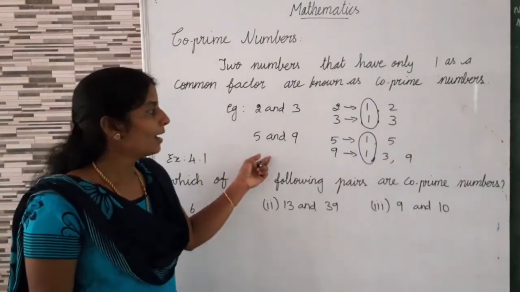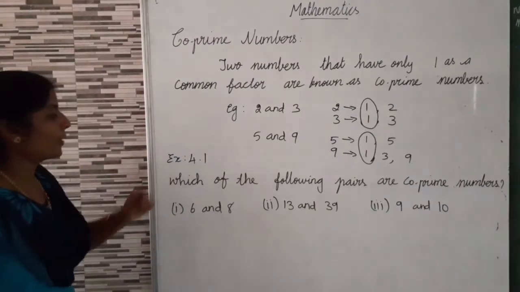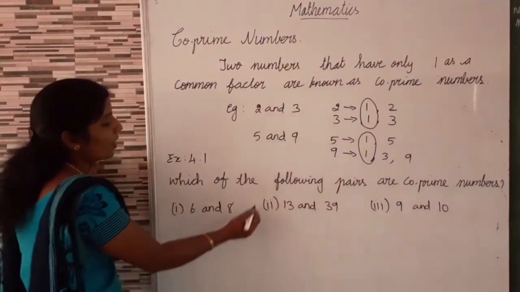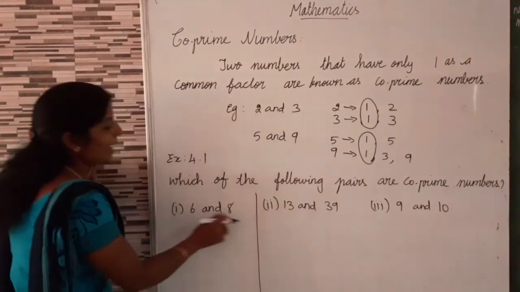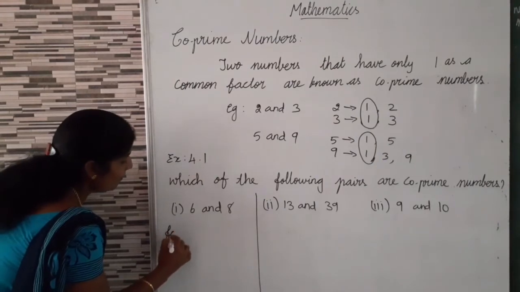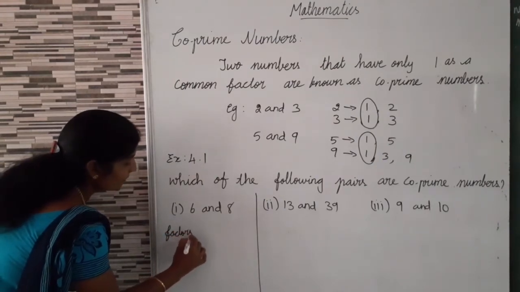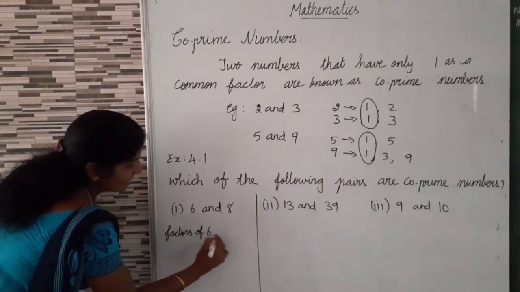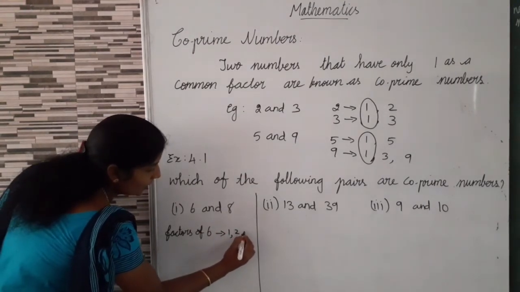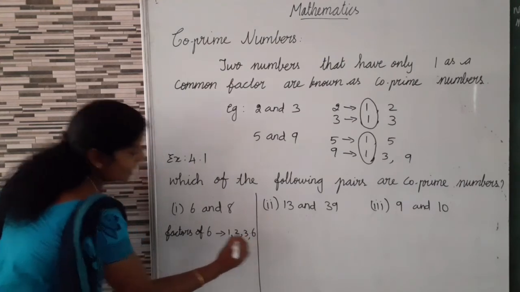Are you clear? Now exercise 4.1. Which of the following pairs are co-prime numbers? First one, 6 and 8. Factors of 6 are 1, 2, 3 and 6.